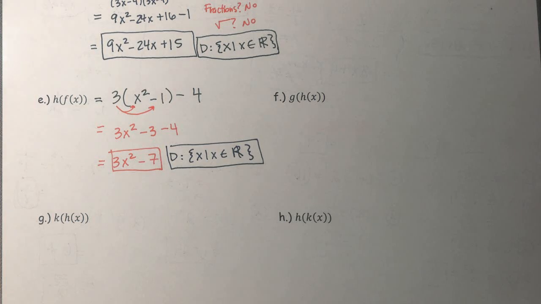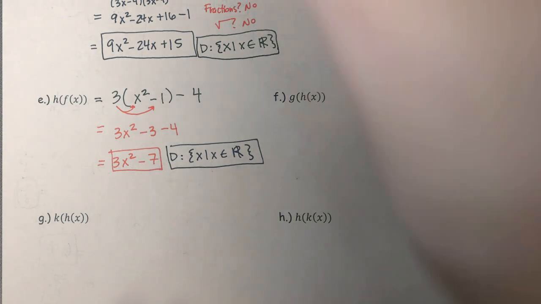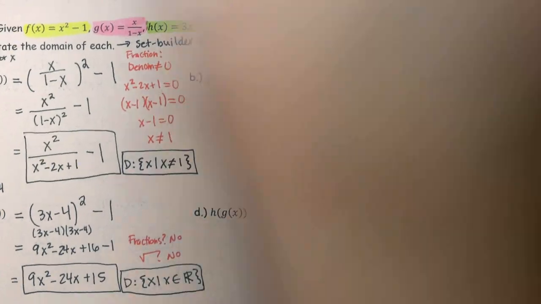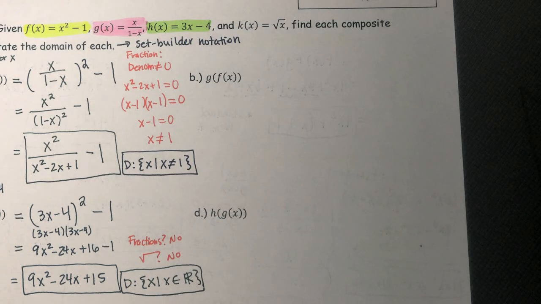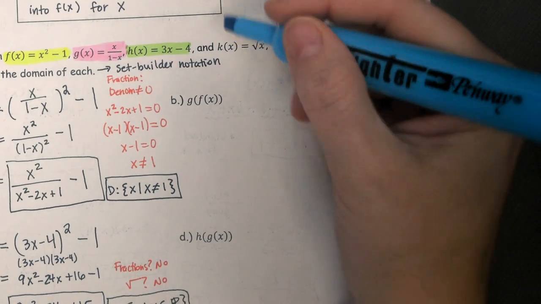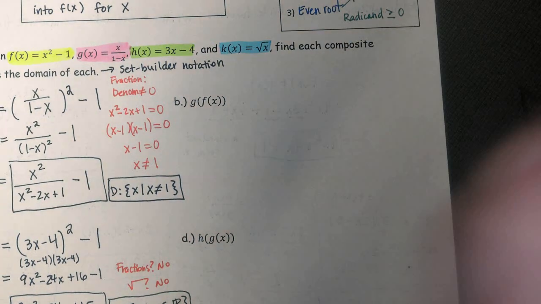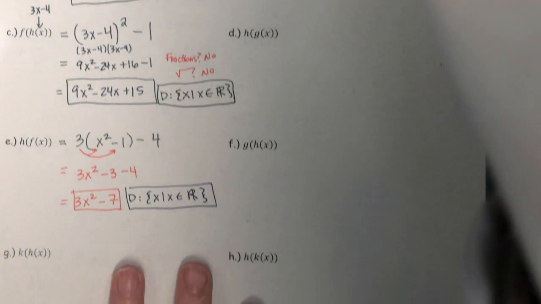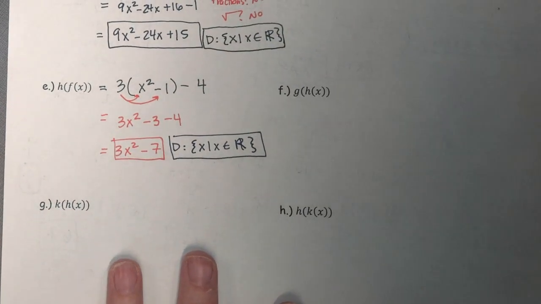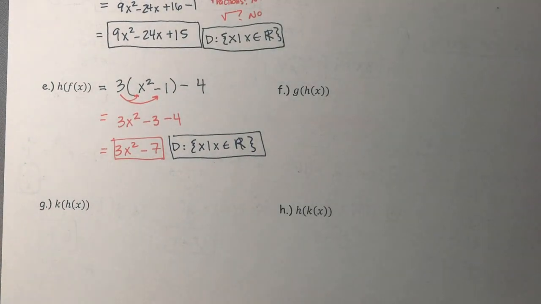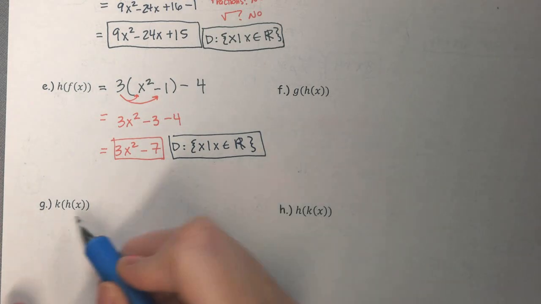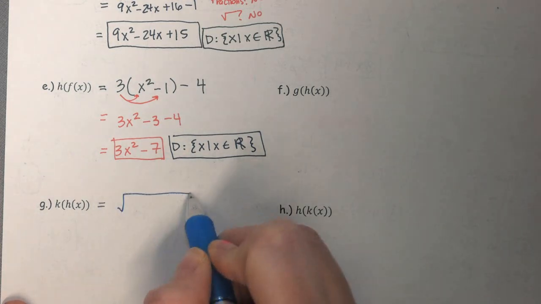All right. Let's try G. Okay, so this one is going to be with your k of x, and k of x is the square root of x, right? So if it's the square root of x, you're just going to do the square root.